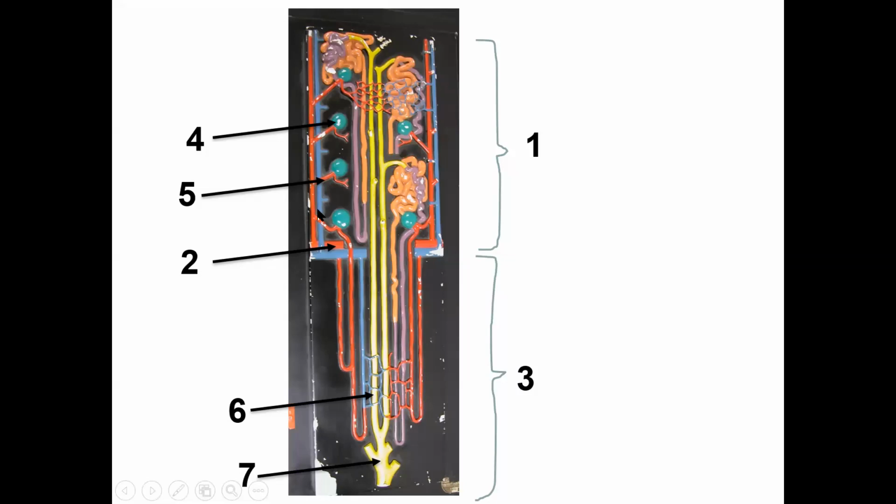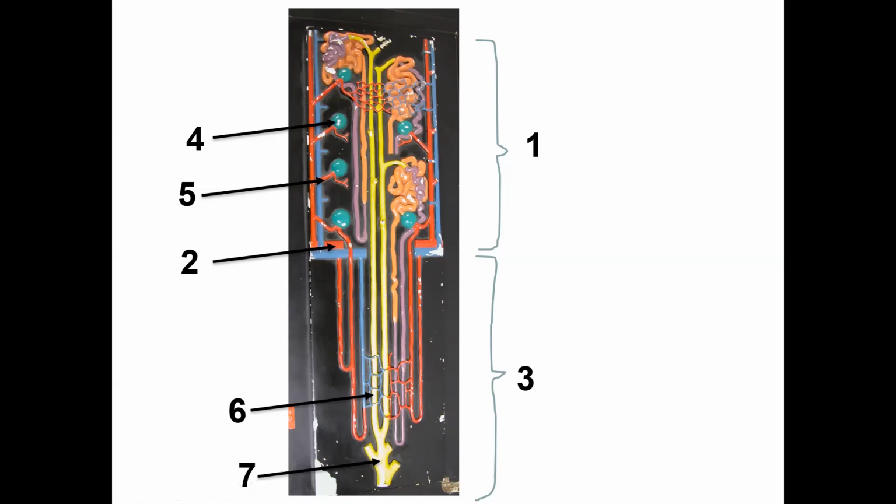From the cortical radiate artery, it branches out into the renal corpuscle. This is the afferent arteriole. This one coming out is the efferent arteriole. Afferent, efferent. Can you see the size difference? Yes. Same thing here, afferent, efferent.